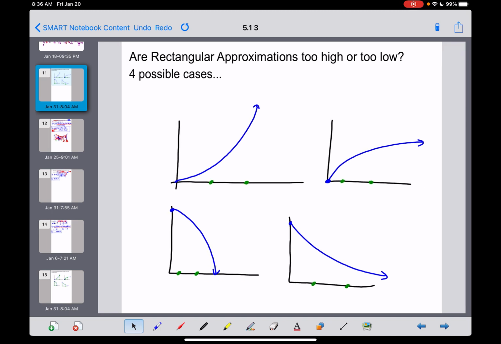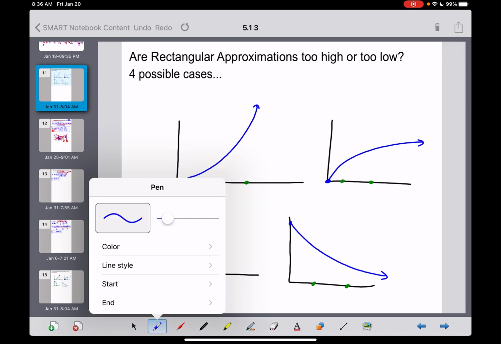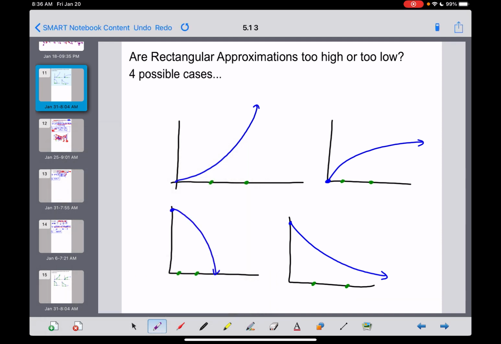So I talk here about the 4 possible cases of drawing a rectangular approximation, guys, and trying to figure out what's going on. If we take a look here, the first curve, I'll call this curve number 1, is increasing at an increasing rate. On this one subinterval that I've created with my 2 green dots, my left approximation looks like it's going to be too low.